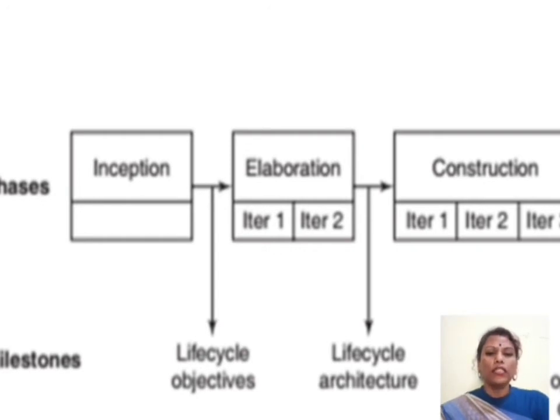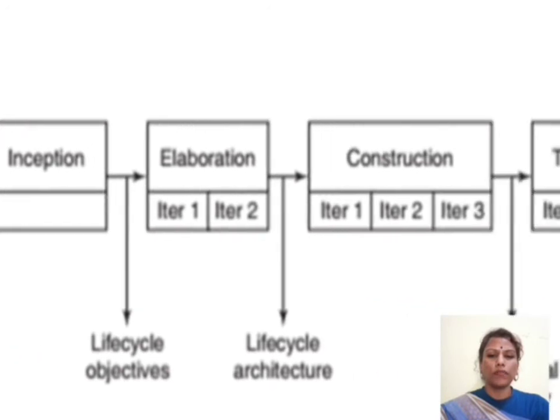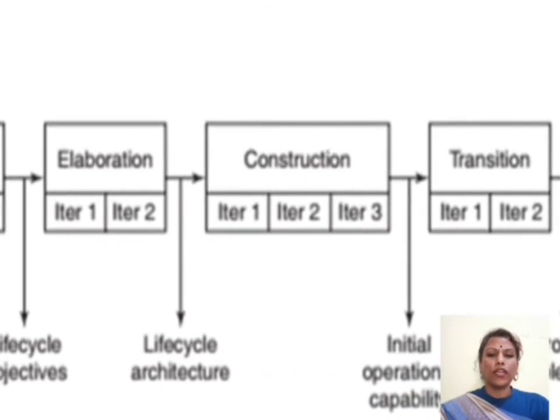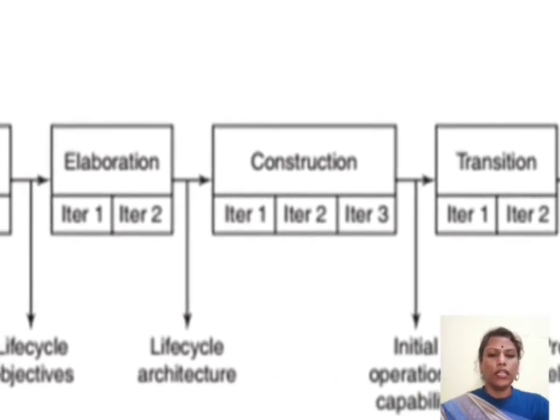Okay. See, here in this elaboration phase, there are 2 iterations. And in the construction phase, there are 3 iterations. That means in the construction phase, 3 times the user requirements are going to be changed, or 3 incremental products are going to be delivered.